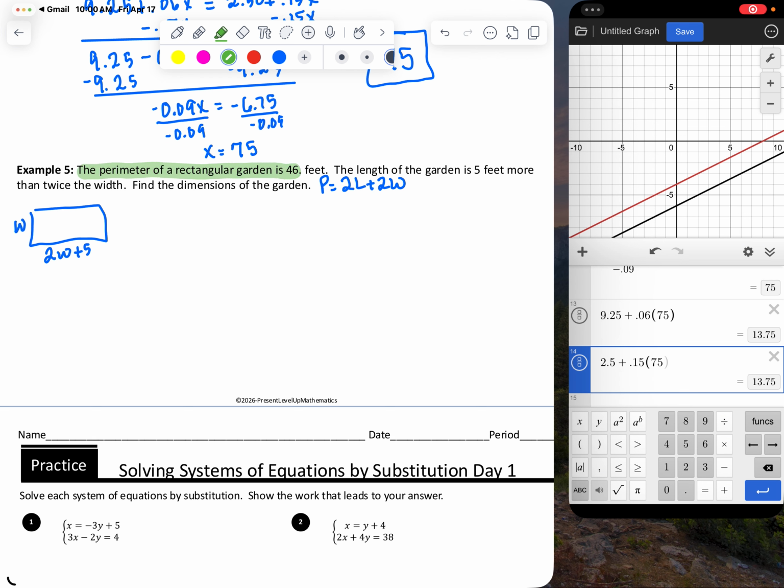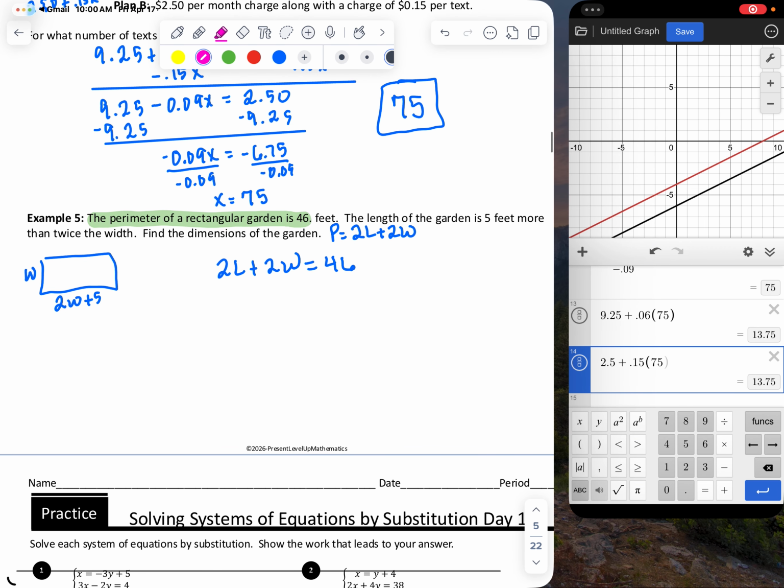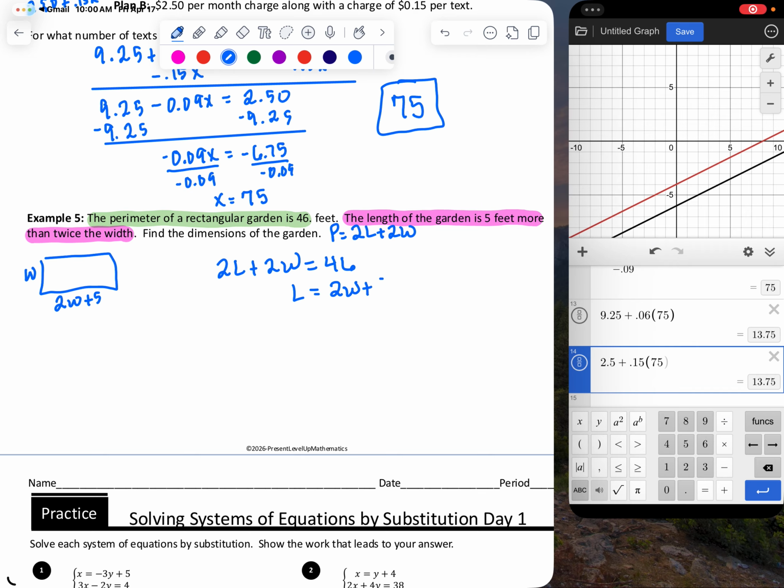It says the perimeter of a rectangular garden is 46 feet. So my first equation would be 2L plus 2W equals 46. Now my second equation can be obtained from this information. The length is 5 feet more than twice the width. So I'm going to say length equals 2W plus 5.